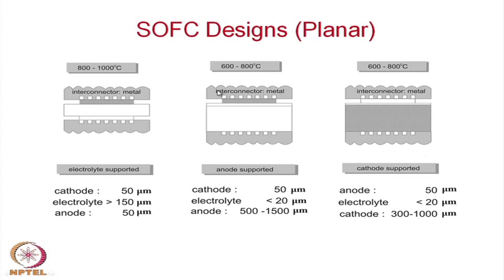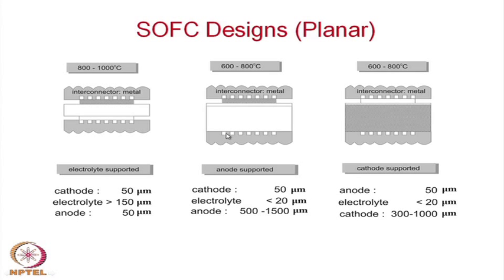Now, the interconnect here is in a different form. There is one interconnect here, there is another interconnect there. So, there are two interconnects, and in the interconnect you have some channels. These white spots, white groups are basically some grooves, and once it is in contact with the plane surface of the anode, it actually forms the channels.